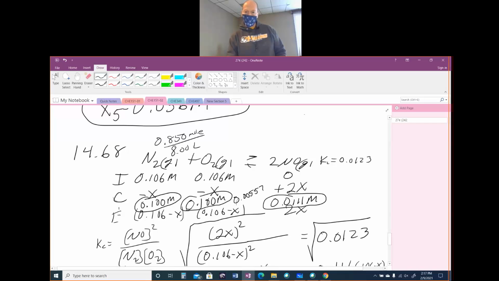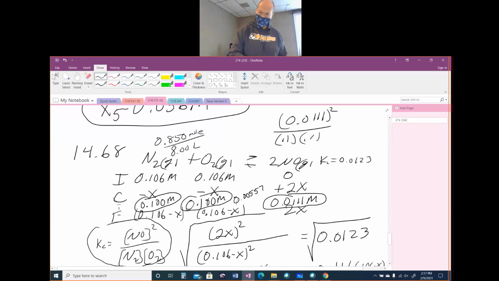So if we take our 0.0111 and we square it and divide that by 0.100 and 0.100, I'm just plugging it into my expression here. Right, so we definitely rounded some of these numbers.